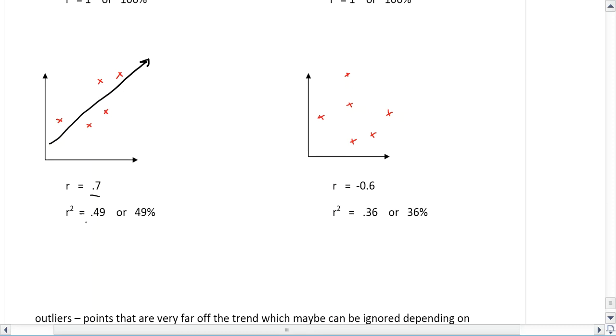We'd have an R squared of 0.49, not fabulous. Here, again, I tried to spread them out a little more. If the calculator drew in this regression line, it might come in like this, even further away from the regression line. Our R squared is getting worse and worse, 0.36. Not good predictions will result from this.